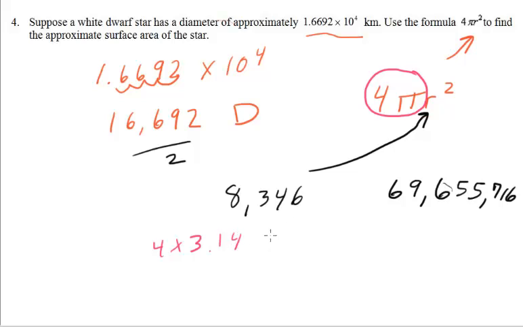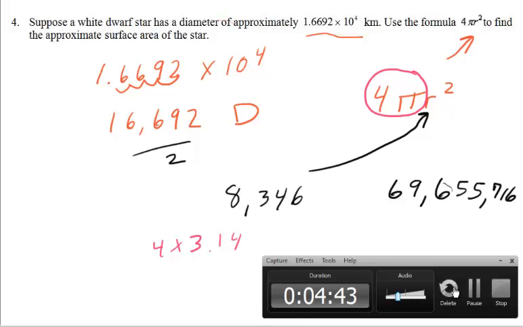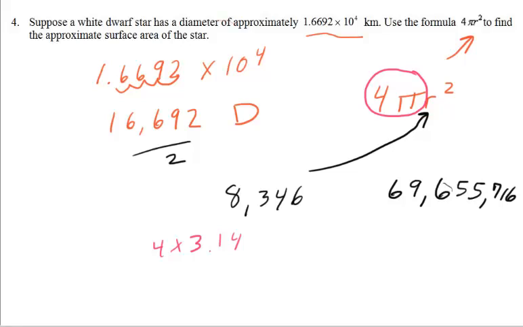Let me get my calculator. So 4 times 3.14 equals 12.56. And our formula says 4 times pi, well that's 12.56, times the radius squared. Now radius squared is here, so we just multiply this times 12.56.